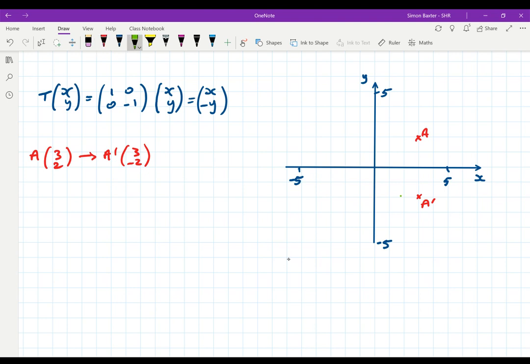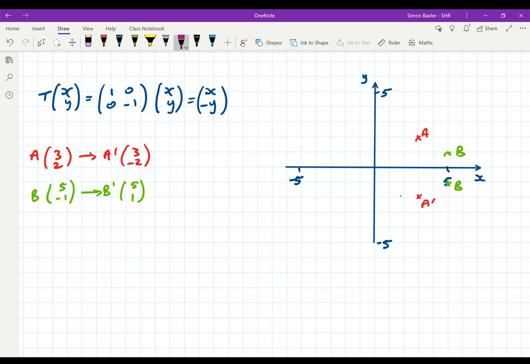Well, let's take another point. Suppose I start with B at (5, -1). This is mapped onto x stays the same, 5, and y becomes minus what it was, which is 1. So B at (5, -1) is mapped onto B dashed at (5, 1).